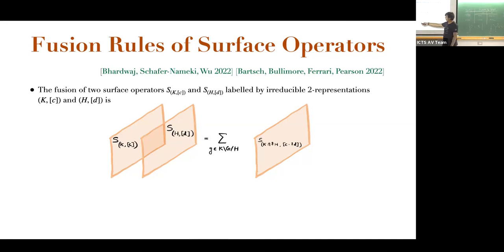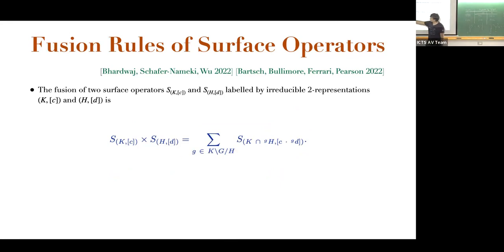So let me write it down as an equation. If we have two surfaces labeled by subgroups K and H, again depending on some 2-cocycles C and D, the fusion or the OPE is a sum of surfaces labeled by this subgroup and this 2-cocycle. So this is the OPE for the surfaces, which we can completely explicitly write down.